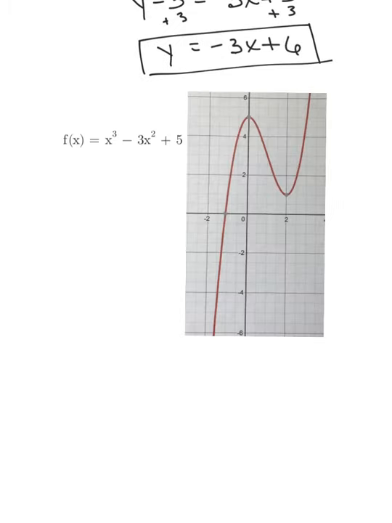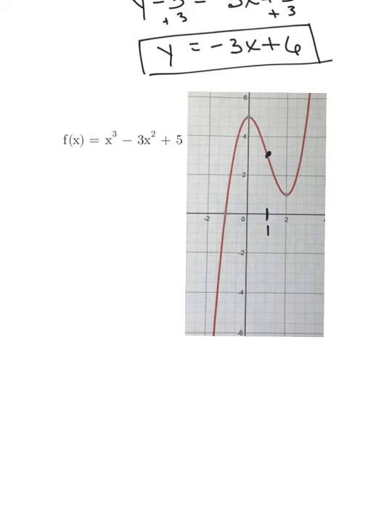This picture is the graph of our original function x cubed minus 3x squared plus 5. And the reason that I put it in here is because I wanted you to see what we just found. Remember that we were using the x value of 1. At our x value of 1, if you go up and find the point, here's the point where x is 1. Is our y value 3 like we got? Yeah.